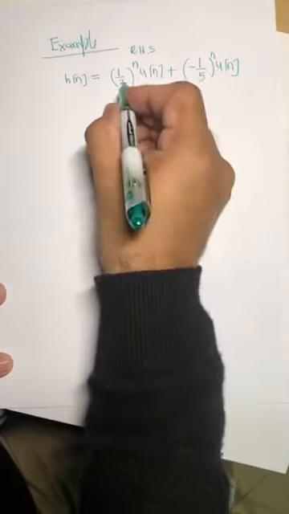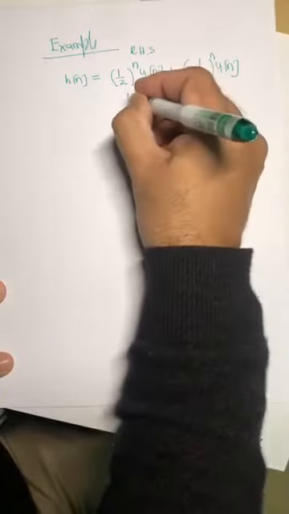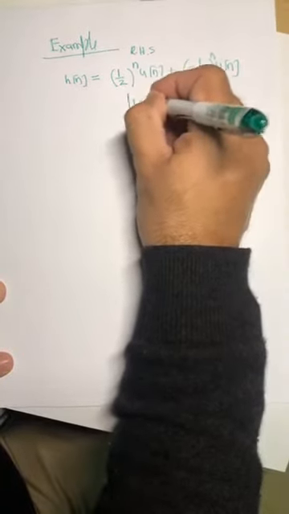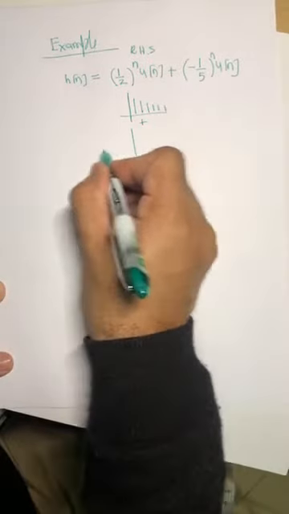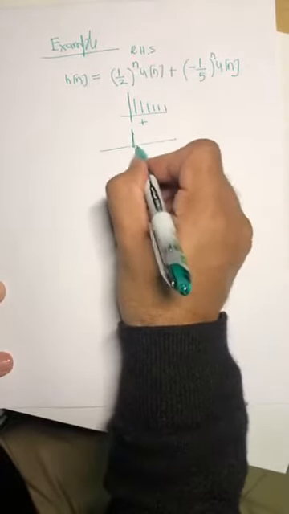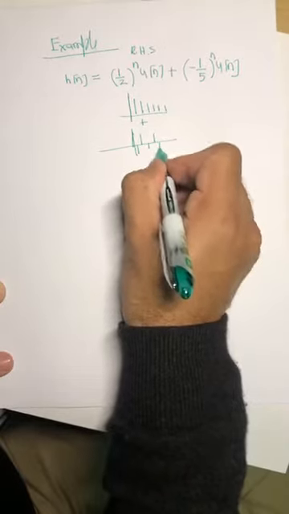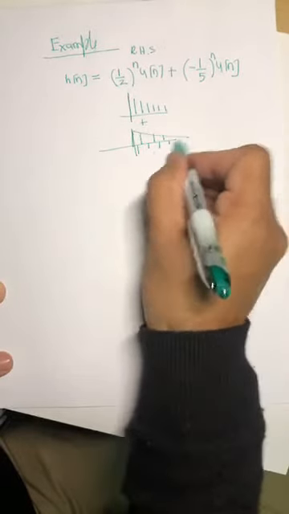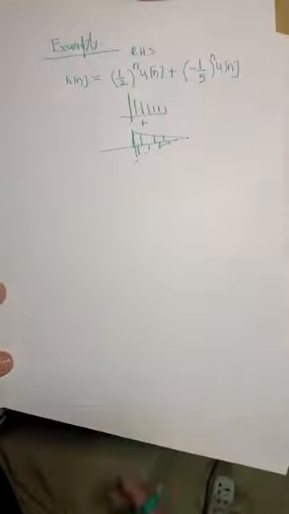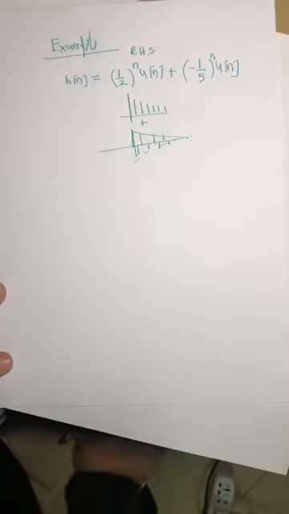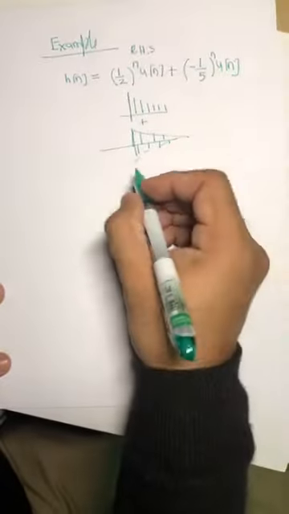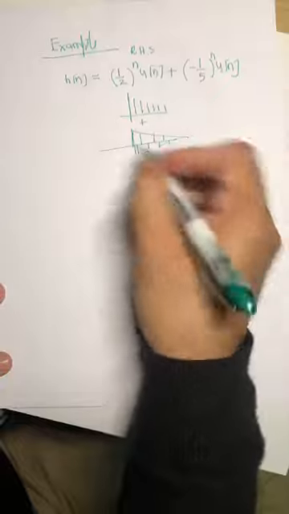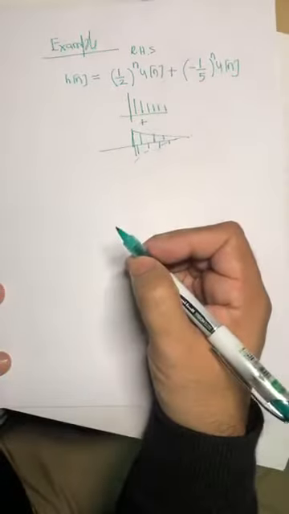So if you plot this, this is a half sequence, and then you need to add another sequence, which is this, because the negative sign means that for even values the value will be positive and for odd values it will be negative. So you add them together, and you get a sequence which will be this sequence.